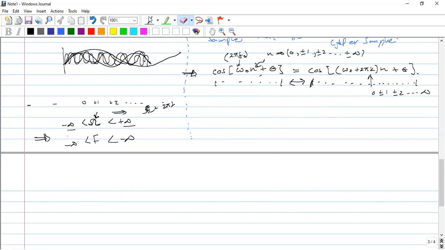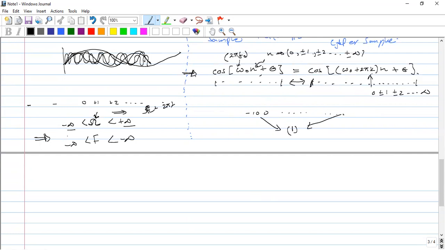in the case of a discrete time signal, you can see that many higher frequencies can be mapped. Actually, an infinite number of frequencies can be mapped to one frequency.